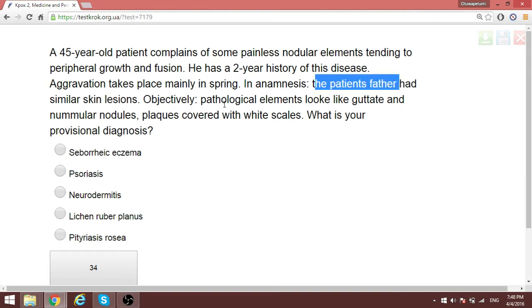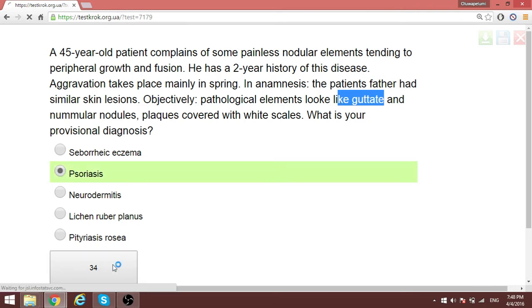You will notice that objective examination revealed guttate-like nodules. Maybe you have heard of the guttate form of psoriasis before. So this really helped us in having our answer be psoriasis. There are about 4 or 5 forms of psoriasis that we have, and guttate is one of them.